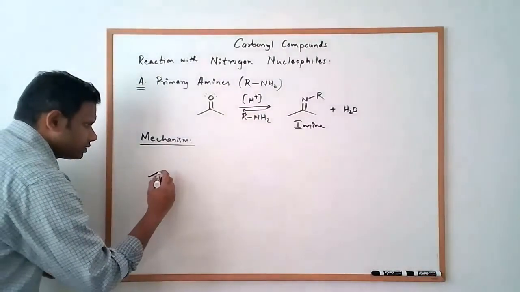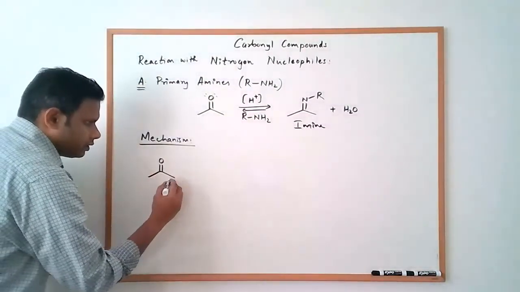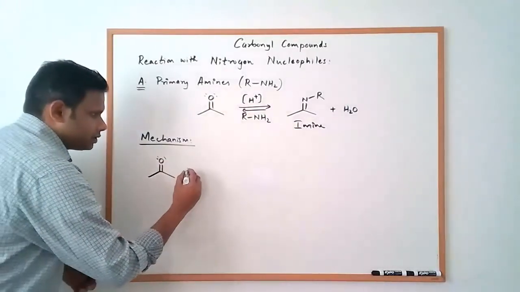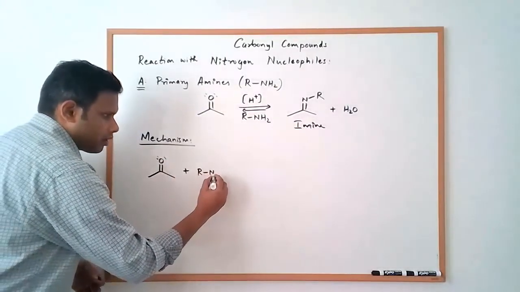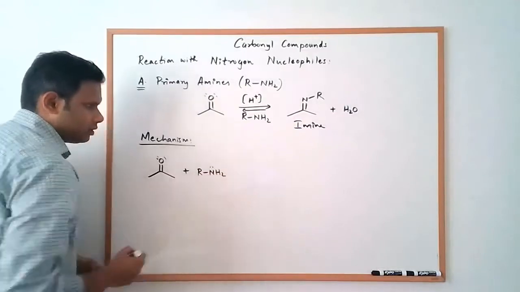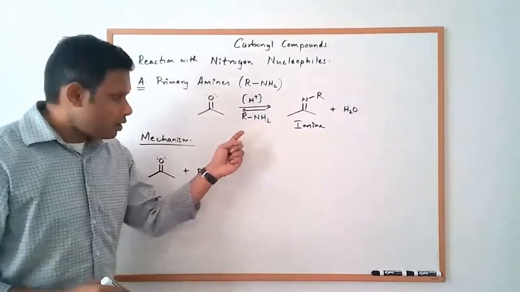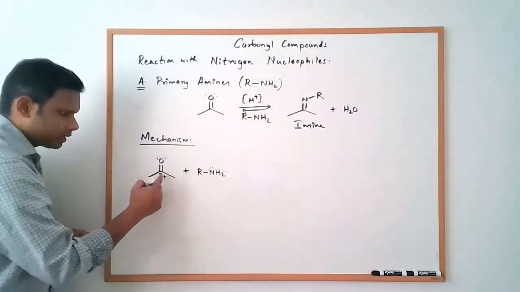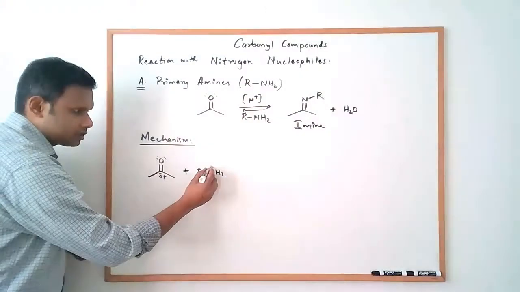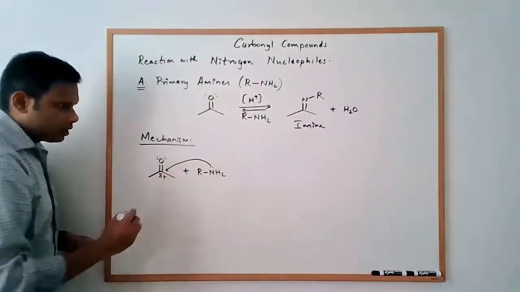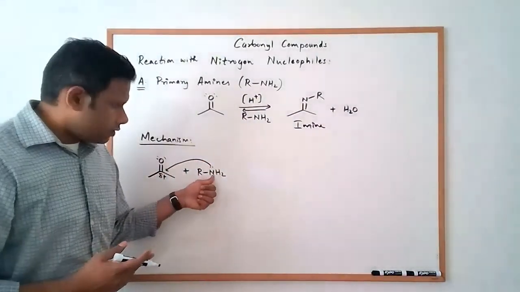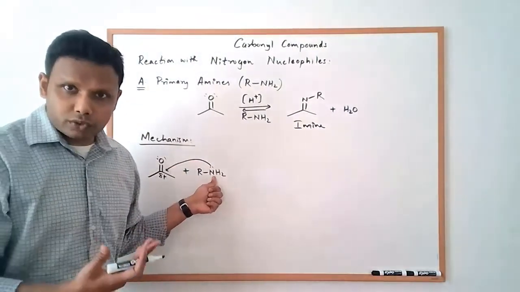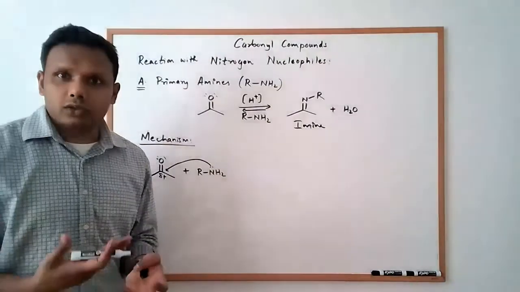Unlike the mechanism of an acetal, the mechanism of this reaction involves an initial attack of an amine on this carbonyl carbon. This carbonyl carbon is electrophilic. That amine has lone pairs on it. And we've talked about this earlier. Nitrogen with its lone pair, amines are more basic or more nucleophilic than just alcohols or water.